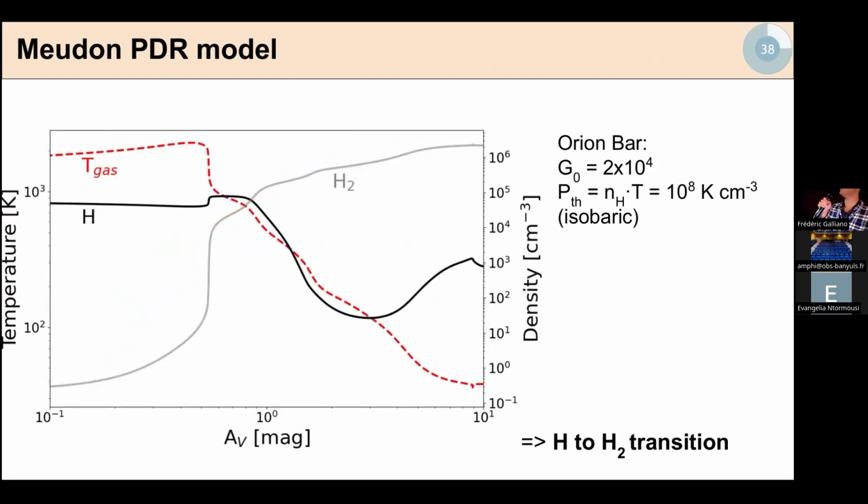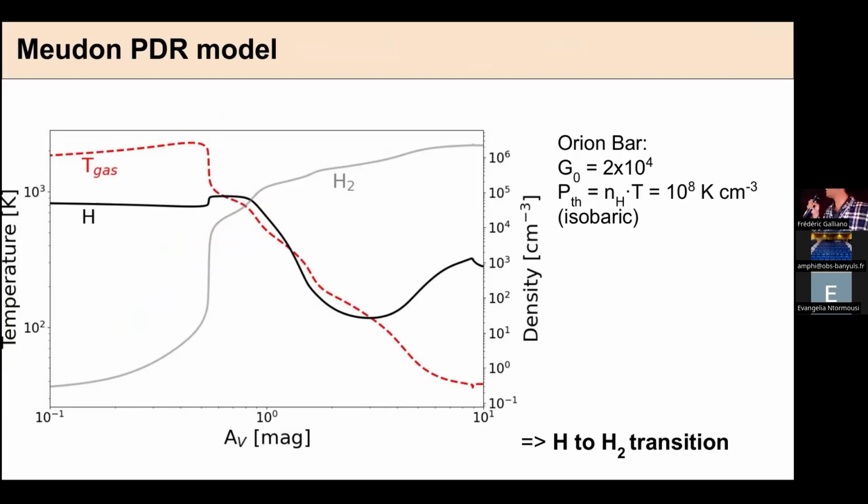Finally, we look into the PDR code model, made by the Meudon PDR model, with physical conditions of the Orion Bar. Here we see the evolution of hydrogen number density with increasing visual extinction, or as we look deeper into the PDR.